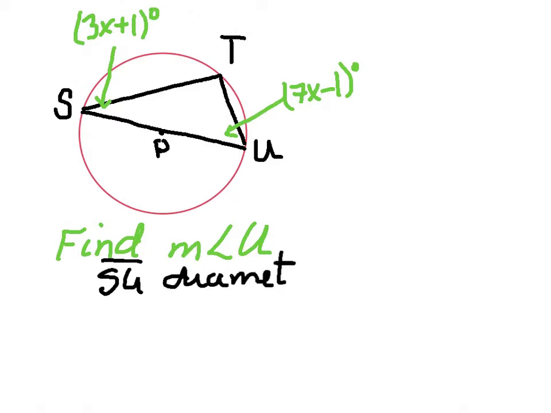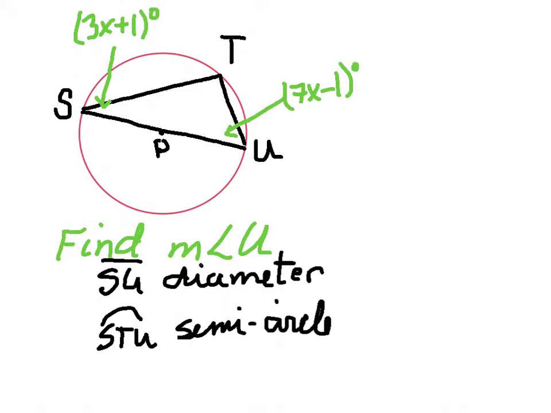Since it's a diameter, arc STU is a semicircle, and since it's a semicircle, its measure is 180 degrees total.